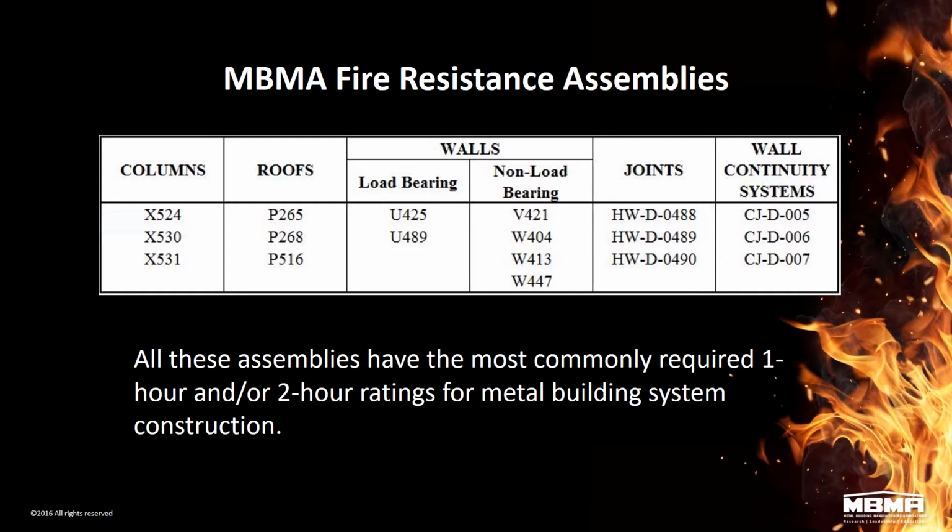So we have 3 column assemblies in the X series, 3 roof assemblies, 2 load-bearing walls, 4 non-load-bearing walls, and some of the more recent additions: head of wall joints, 3, and 3 wall continuity system joints. All of these are either 1 or 2 hour rated systems, which are the most commonly required ratings for metal building systems.